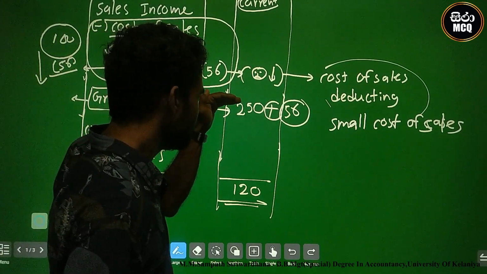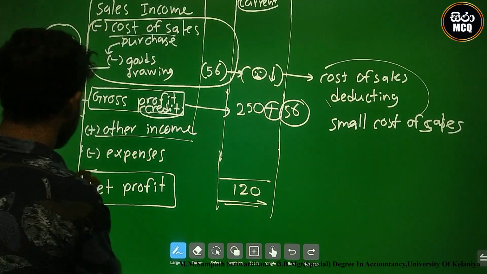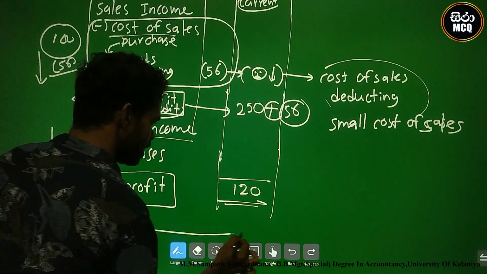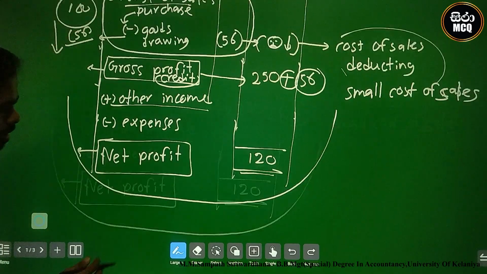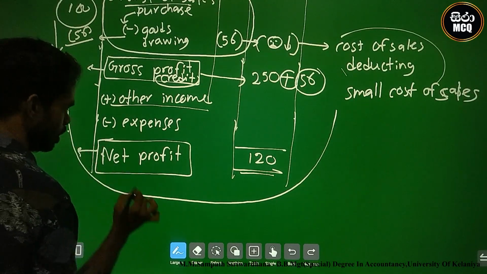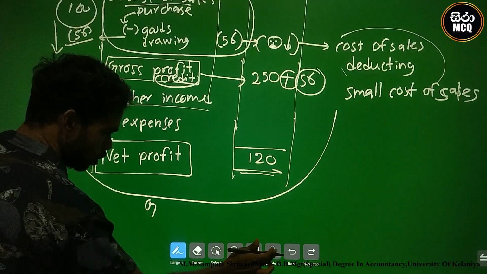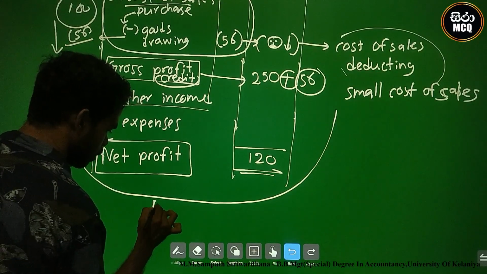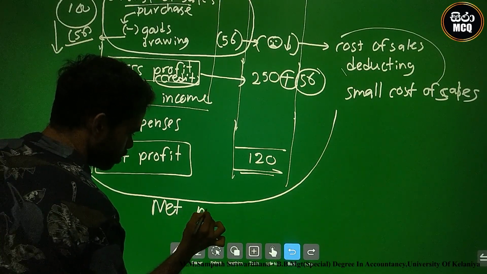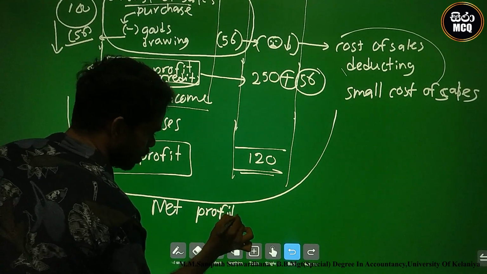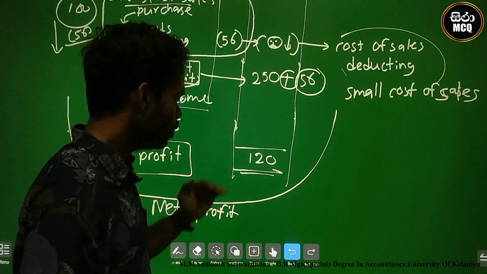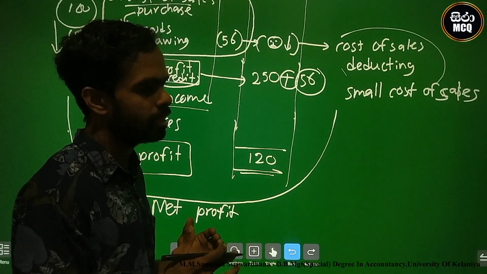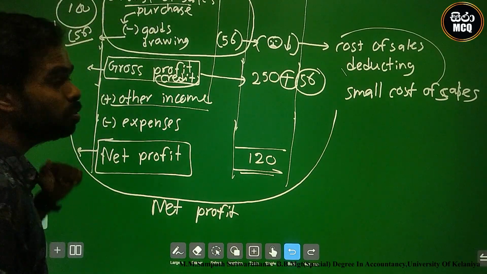There is a gross profit, then net profit. Finally, the net profit is calculated using gross profit.